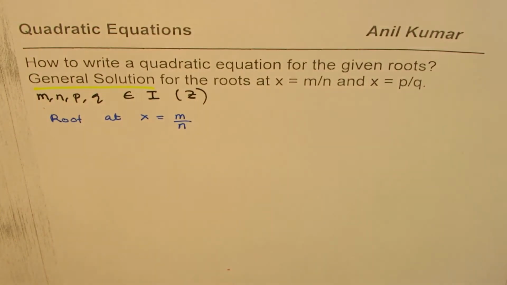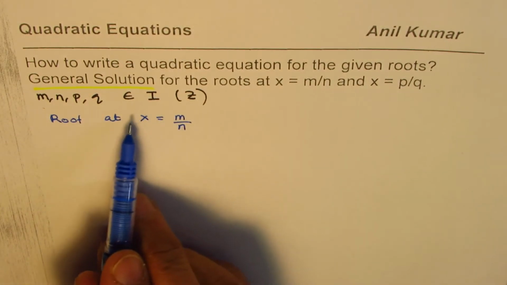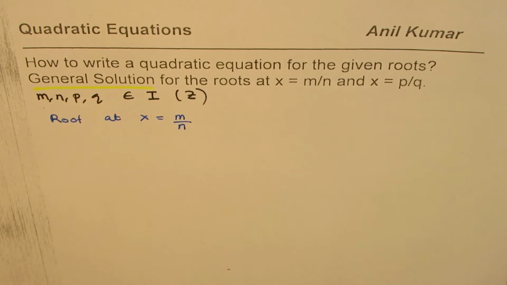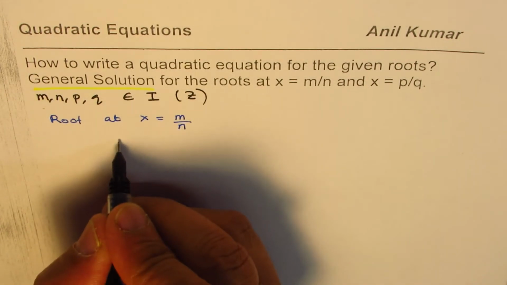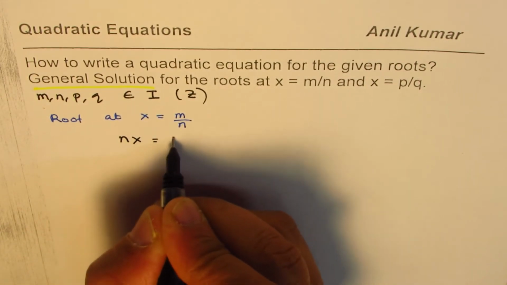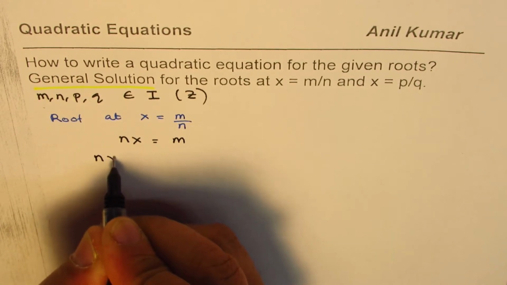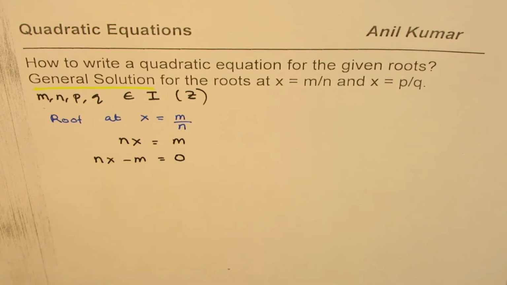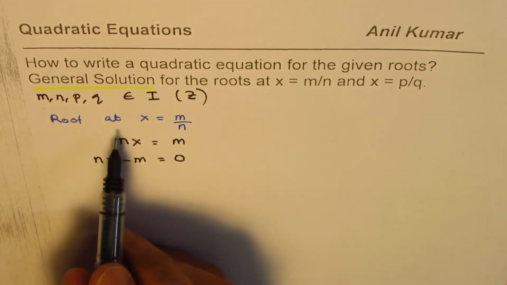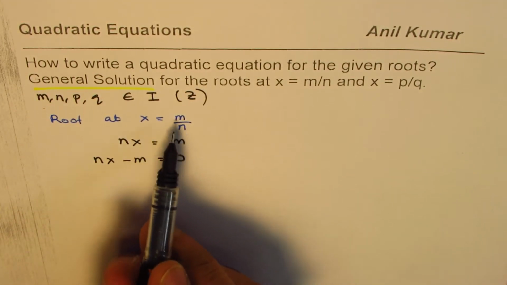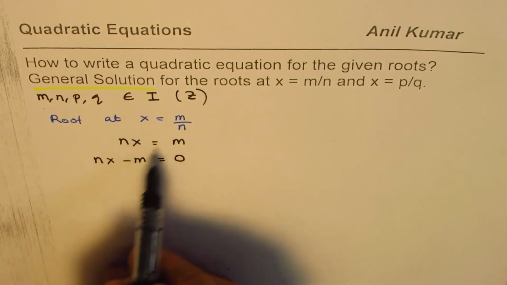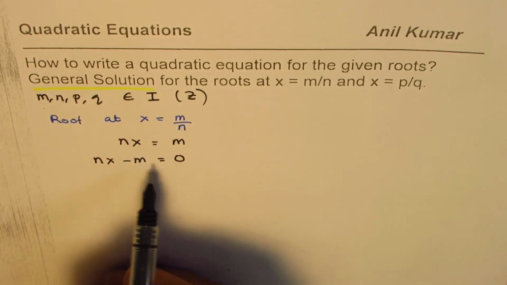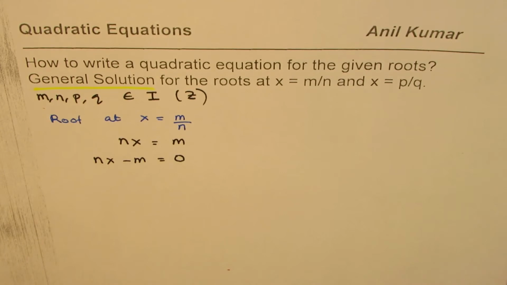Let me show you by rearranging this particular equation. We can multiply, we get n times x equals m, and we get n times x minus m equal to 0. That is what we mean. Root at x equals m over n really means that n times x minus m is equal to 0.